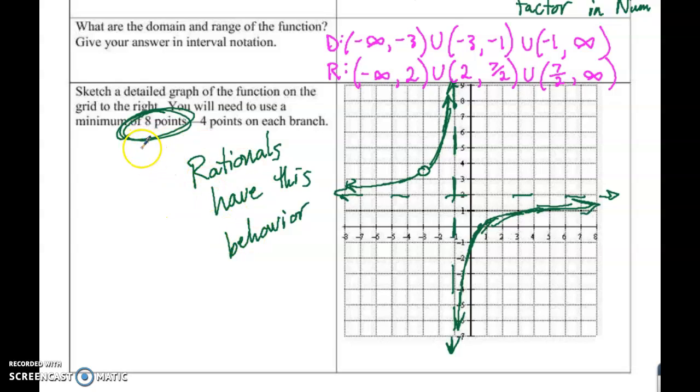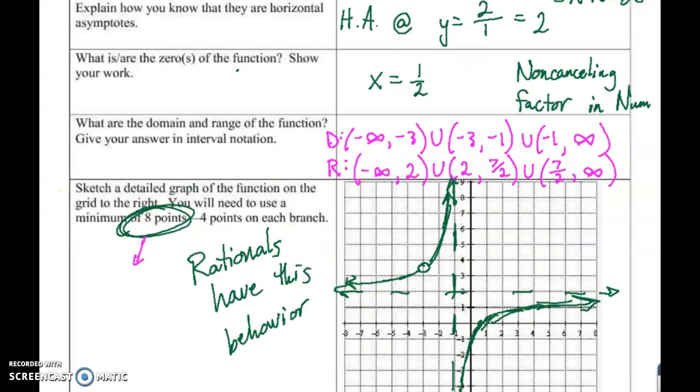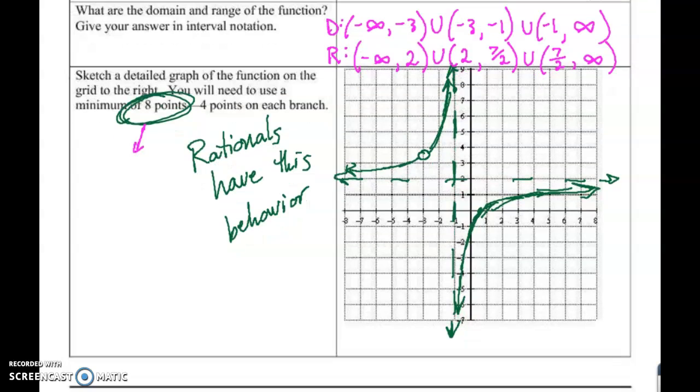By the way, if anybody's curious, what they're talking about is making a table of values. I forgot what they named this function. F of x is picking points on either side of the vertical asymptote, like plugging in -6, -5, -4. You'd skip -3 because there's a hole there, -2.